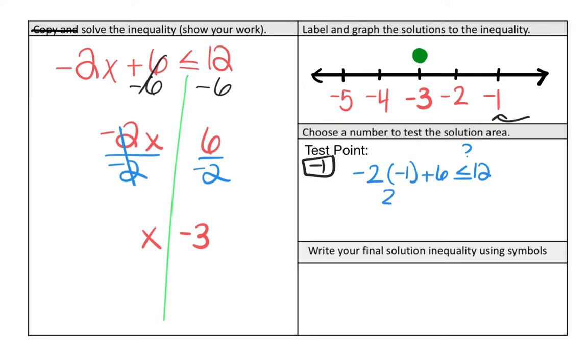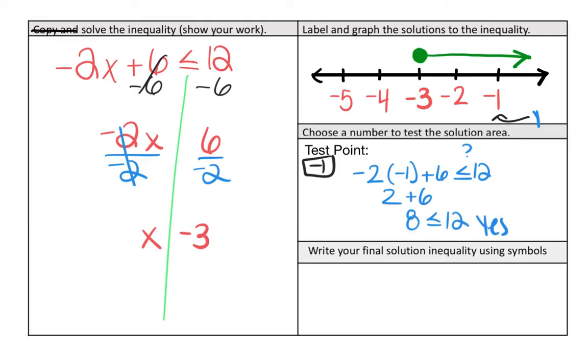Well, negative 2 times negative 1 is a positive 2, and 2 plus 6 is 8. Is 8 less than or equal to 12? Well, yep, it is. So that means negative 1 is a solution, which means that our solution set moves over here to the right.